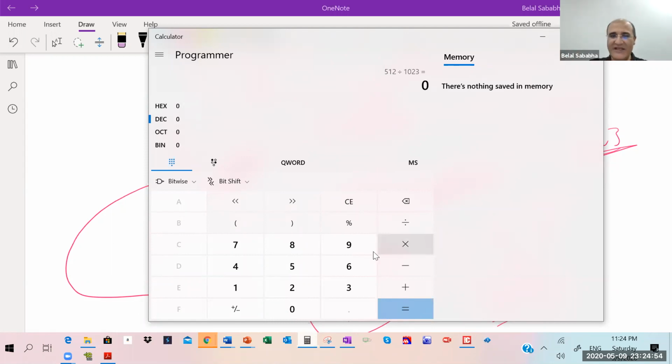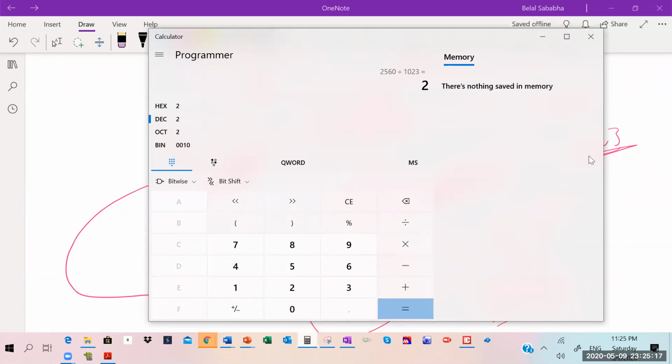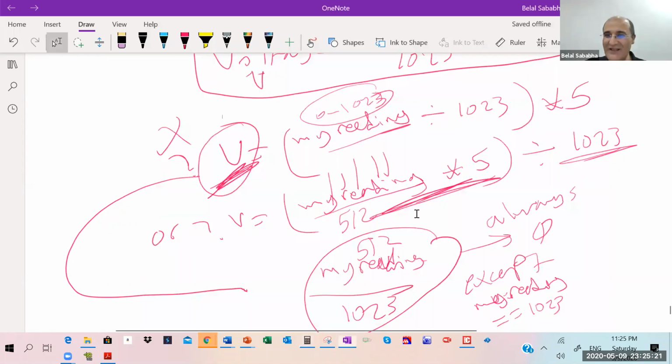Of course 0 times 5 is 0, but if I say 512 times 5 divided by 1023, it's 2. While it's 2.5, but we lost the 0.5. Do you understand me? Yes. Okay, great. So it's important how you write your thing.